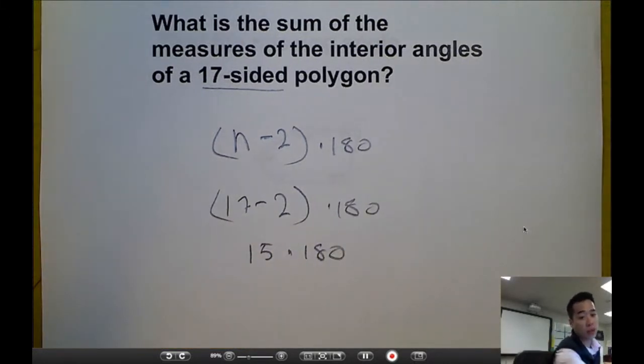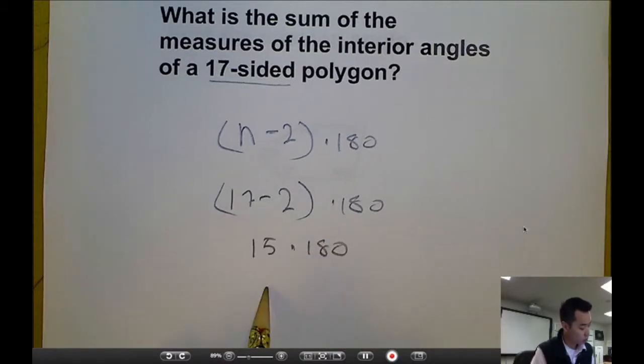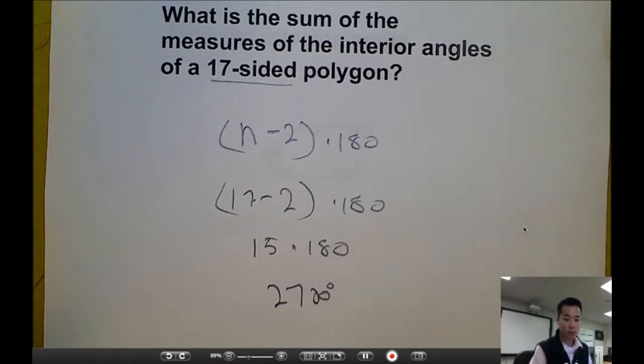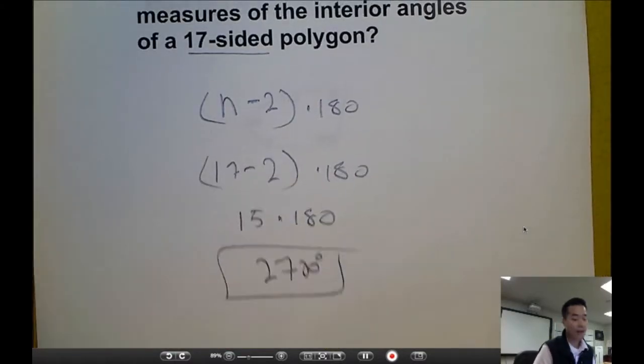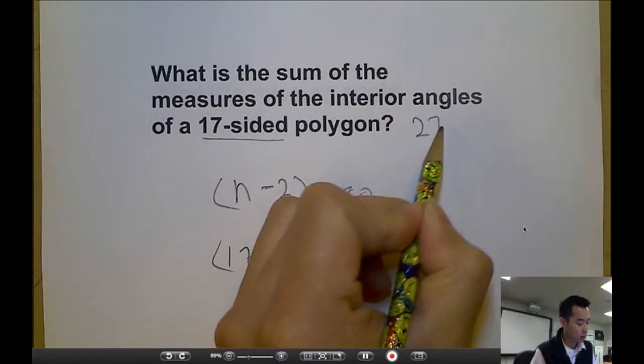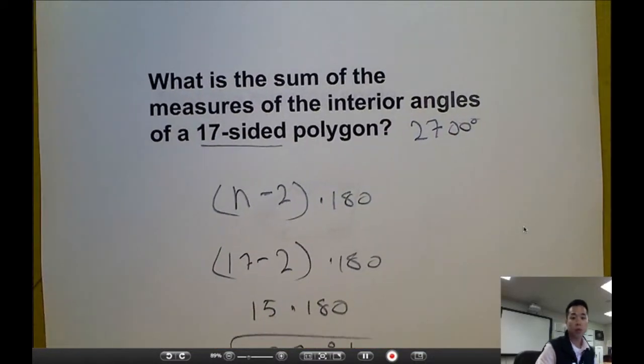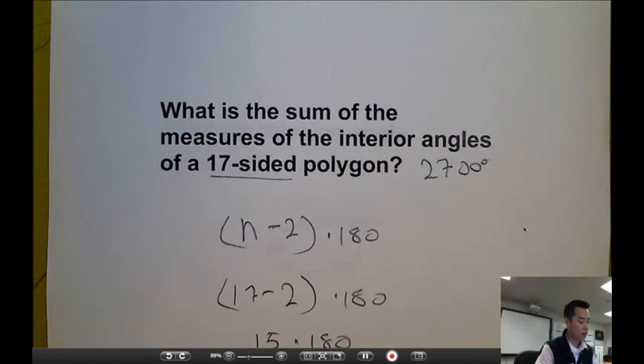Okay, and make sure you guys are writing this step by step. Don't try to skip steps. Okay, and then we have 15 times 180 equals 2,700 degrees. So that would be the sum of a 17-sided polygon, 2,700 degrees.